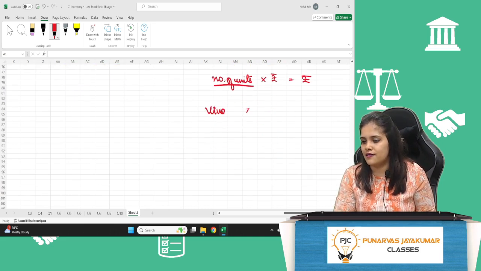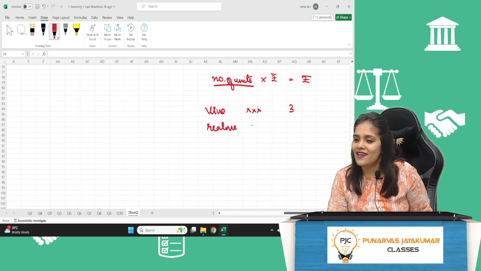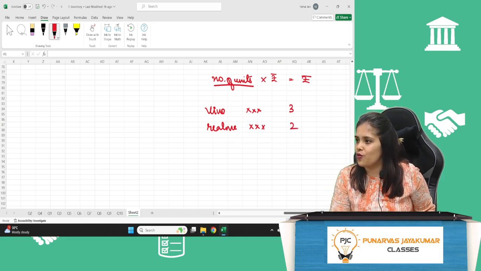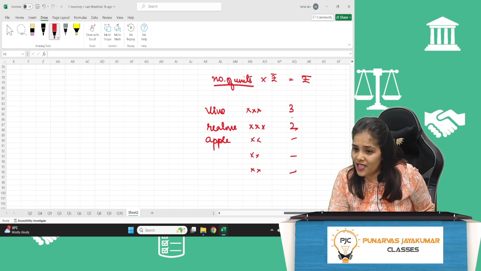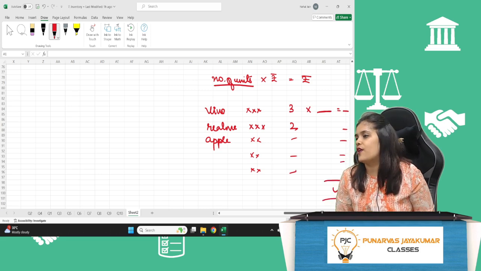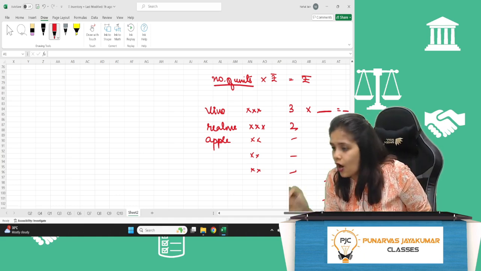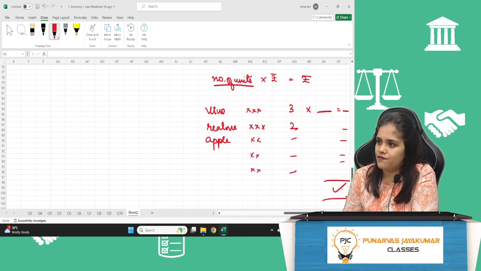Then Apple, there is the latest one, this many. Then the cost of each, right? Specific identification: specific count, how many are there, find the cost of each, and then the value, right?